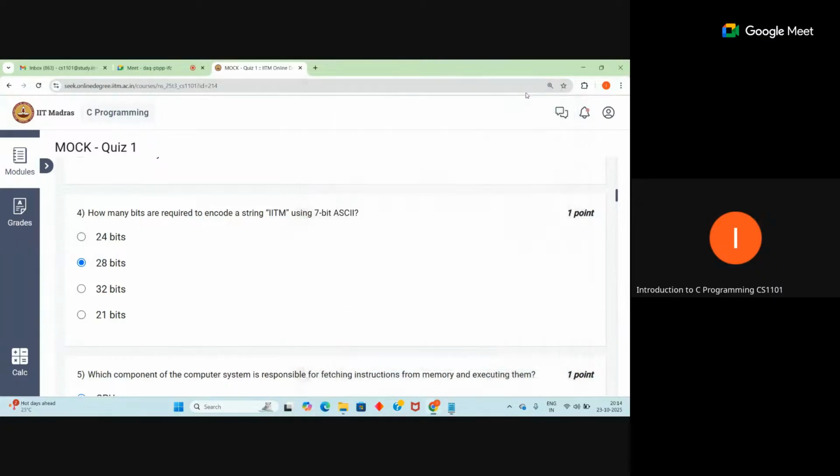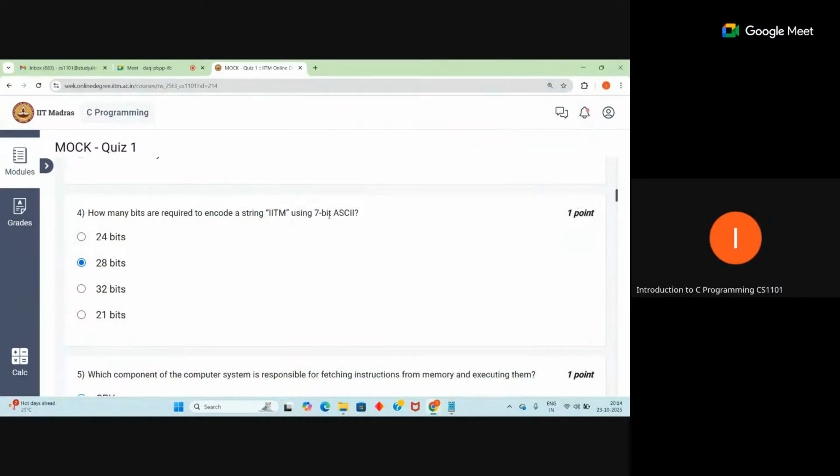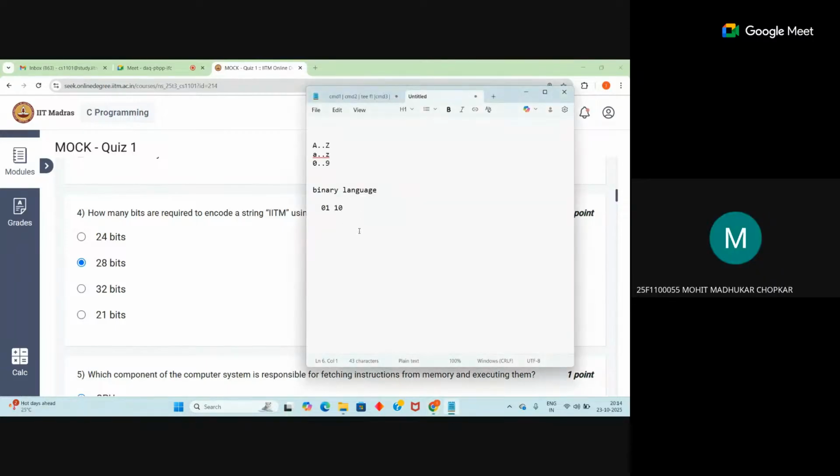There are so many codes available. One of the famous ones, used by most of the compilers, is ASCII, American Standard Code for Information Interchange. And one character uses 7 bits. How?